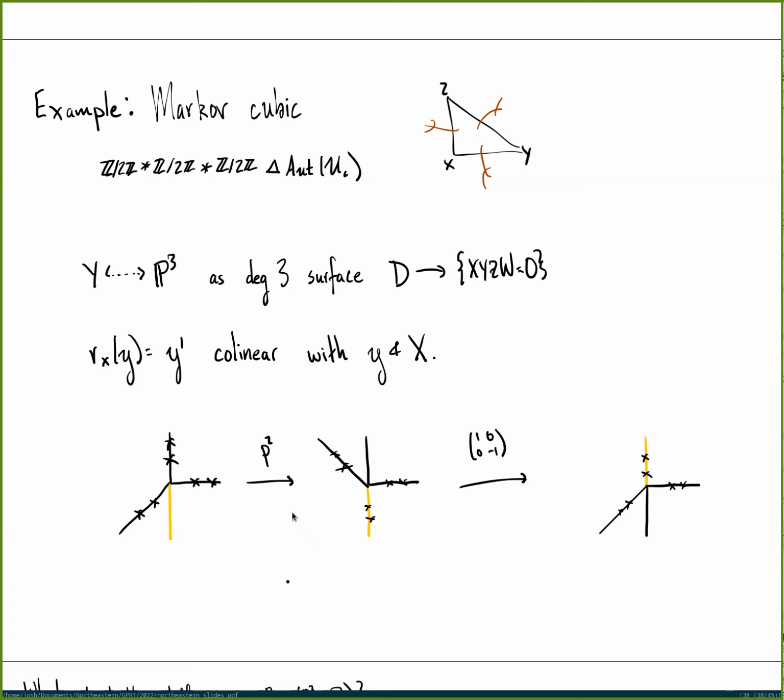In order to resolve them, you have to blow up the original Y. In general, you get these trees of blowups of your original cubic surface that let you resolve the elements of this free product of Z mod 2 with itself 3 times. You can read off the blowups you have to do from the sketches here, which are also acting honestly on the board. So let me stop there.